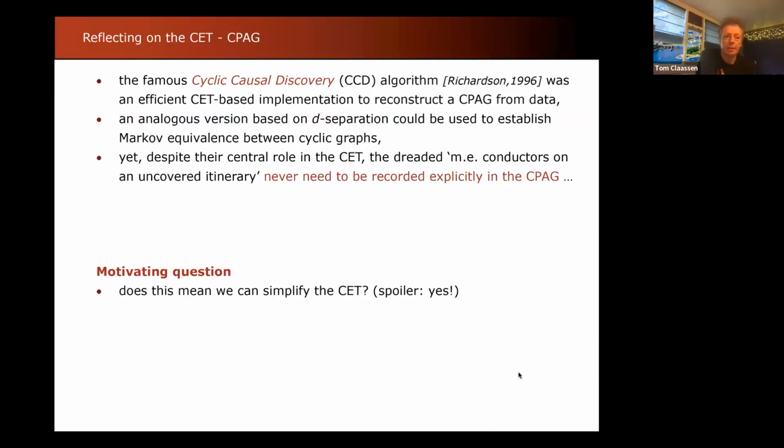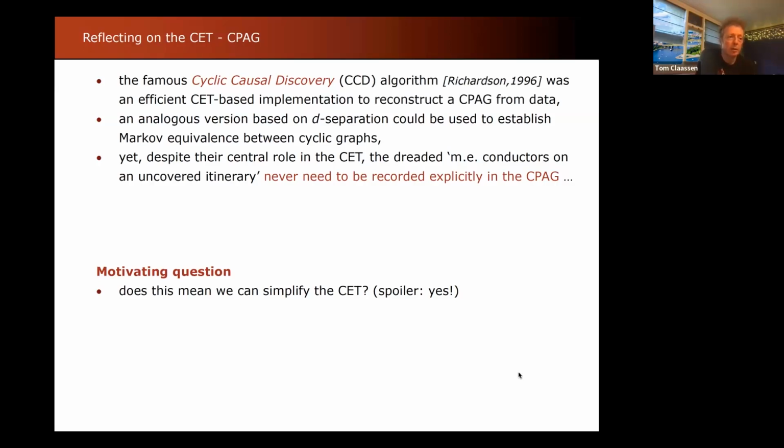This was based on this cyclic equivalence theorem, using statistical tests to identify conditional independencies, and use that to efficiently reconstruct a CPAG from data, which was essentially causal discovery from data for cyclic directed models. There was a similar version based on d-separations, not on data, but used directly on the graph. So this is what we're focusing on for this paper: how to establish whether 2 cyclic graphs are actually equivalent.